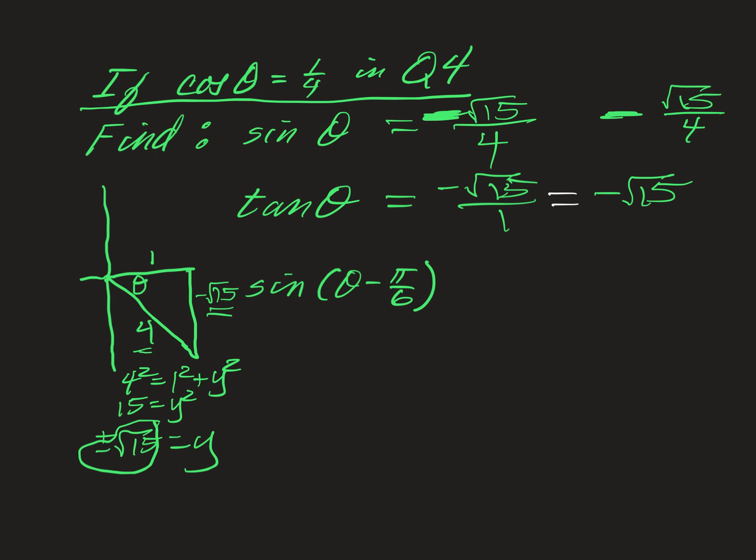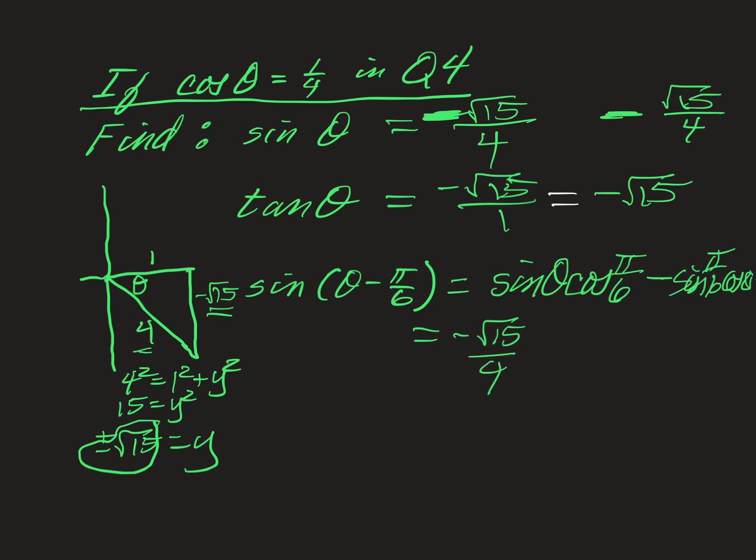Okay. And then if I have to find something like sine of theta minus pi over 6, then I use sine theta cosine pi over 6, same sign, sine pi over 6, cosine theta. All right. And I fill those in. Well, I found the sine of theta. It's negative square root of 15 over 4.